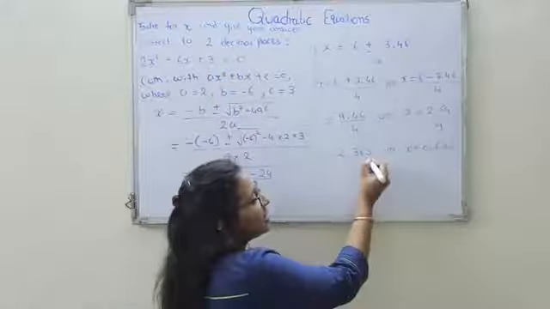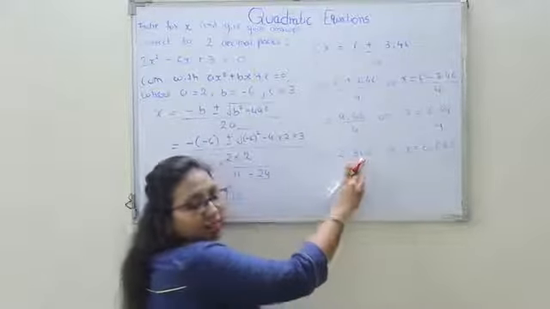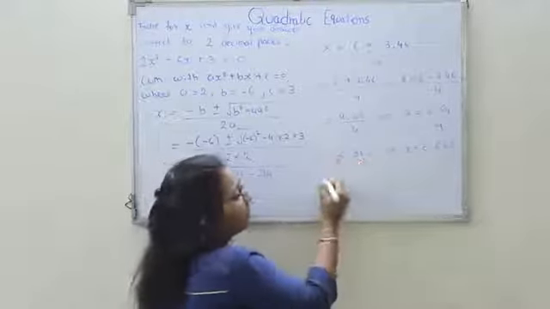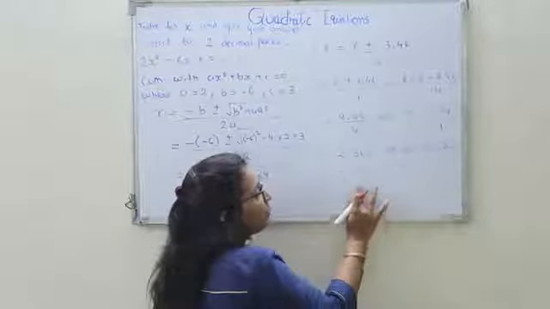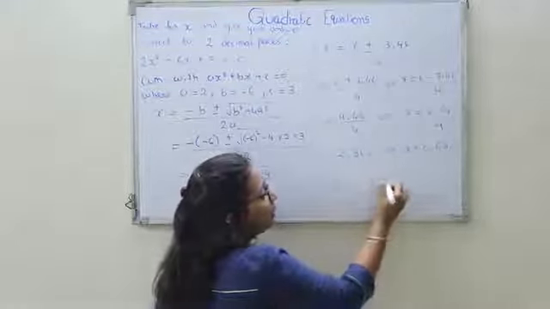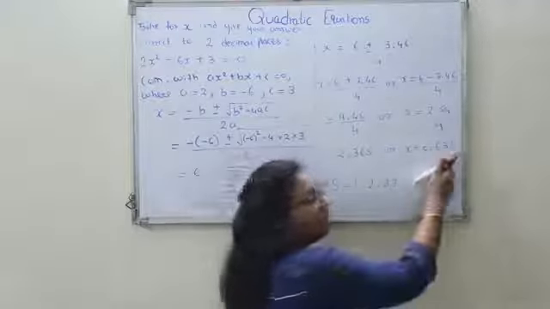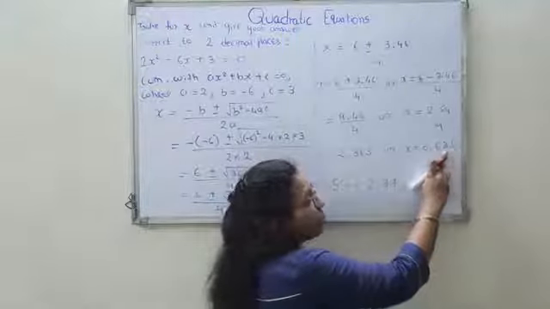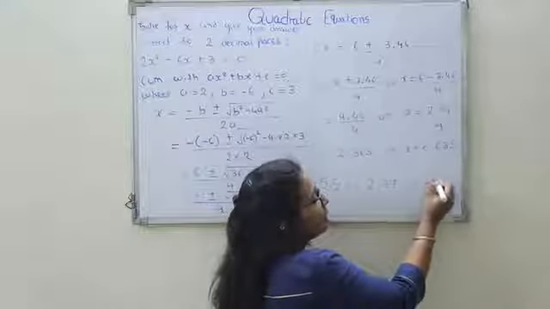Since the third decimal point is greater than 5, you will add 1 to the second dp. So your final answer, your solution set, you have to use round brackets here, 2.37, and here when you round, again the third dp, 1, 2, 3, the third dp is greater than 5, so you will make this 3 as 4. So your answer is 0.64.